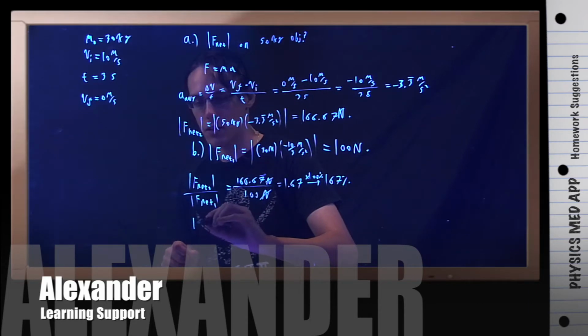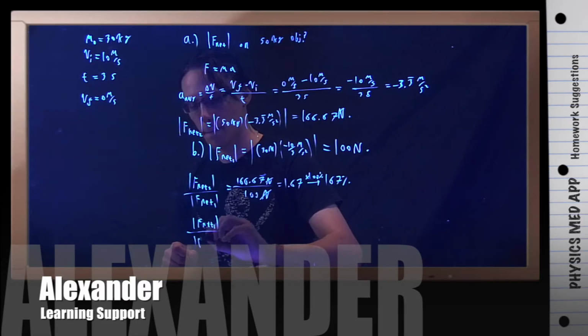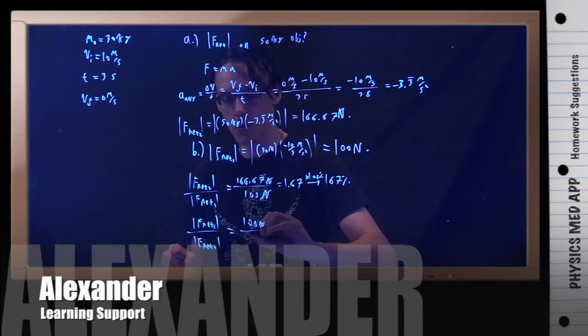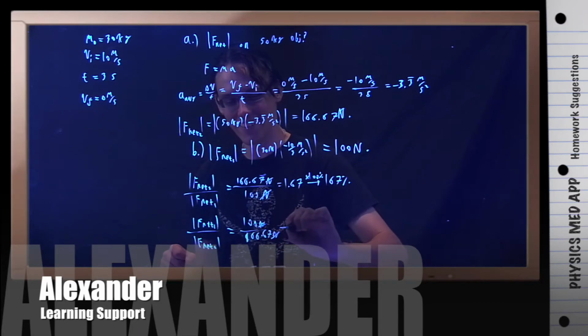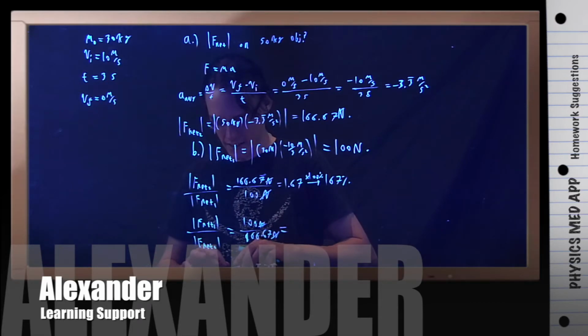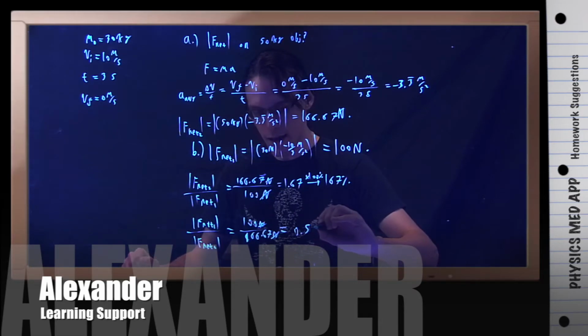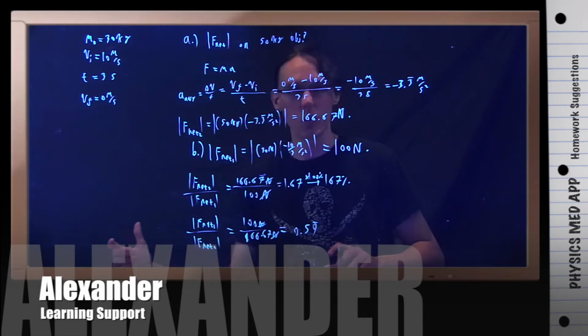If you did the comparison the other way around, if you did Fnet 1 over Fnet 2, well then, of course, that's 100 newtons to 166.67 newtons, and the newtons cancel off. And if I throw that in there, I get 0.5 bunch of nines. So 0.6 really.